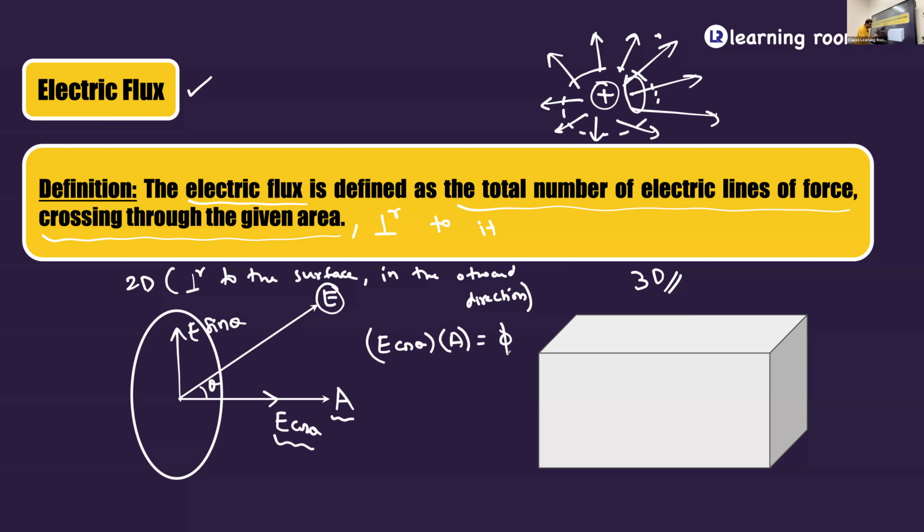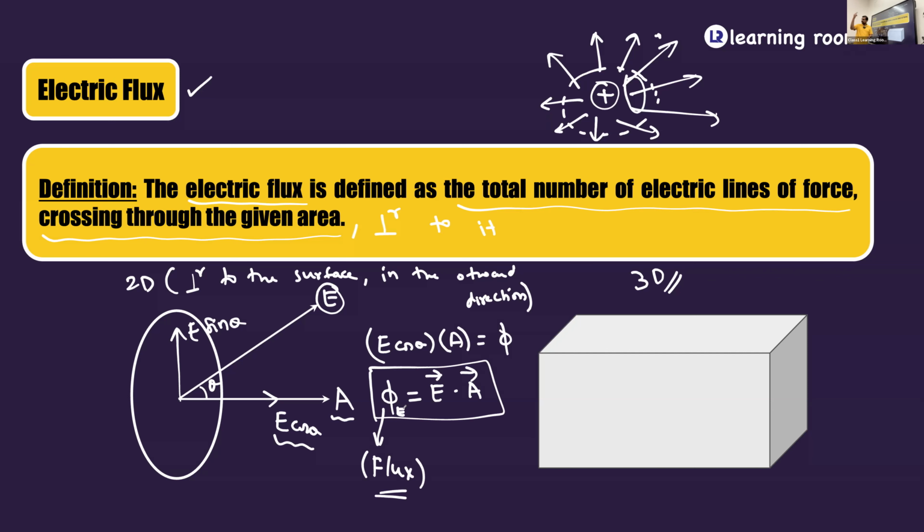So if you write this flux, it will be equal to E vector dot A vector, and this is read as phi. This is the mathematical symbol for flux. If you put phi with the subscript E, you call it electric flux.